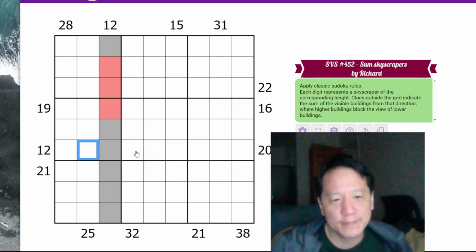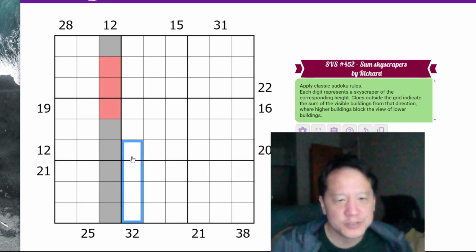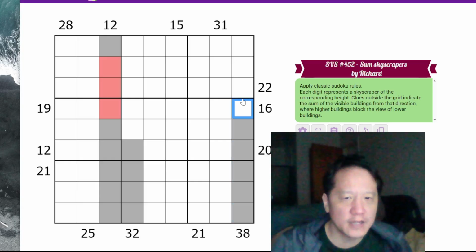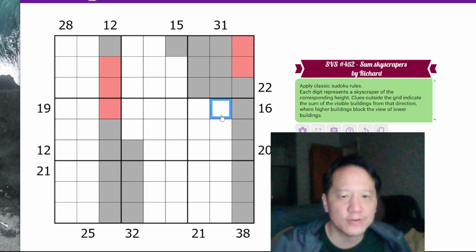Okay. This is still the same. So 9 cannot be any of these to add up to 32. 9 cannot be here to add up to 38. 9 cannot be in front of any of the sums. So 9 does have to be one of those two. So therefore 9 cannot be in the rest of this box. 31, it cannot be here.